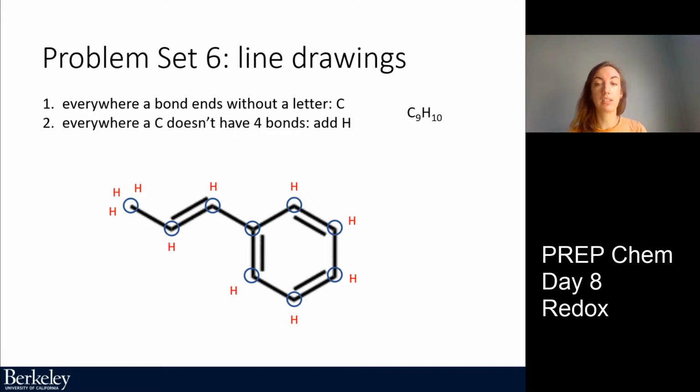So if there was, say, an oxygen, that would be drawn. There would be a letter O. So if there's no letters at all, that means you only have carbon and hydrogen, and then any other elements that could be bonded in there will be drawn. So there could be like an OH on the end. So yeah, I hope this helps a little. It's definitely something that you just get better at with practice. So definitely don't feel bad if this is still challenging, but do let us know if there's anything that's unclear, if you have any questions.